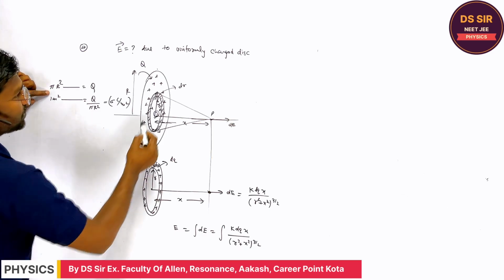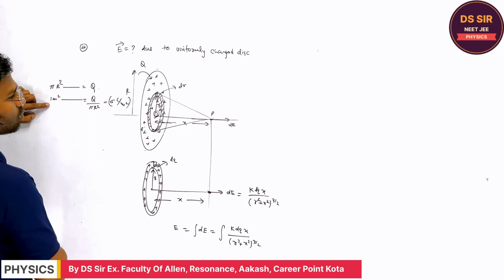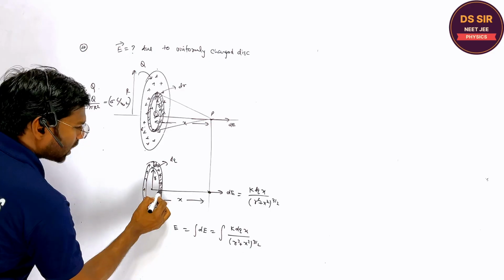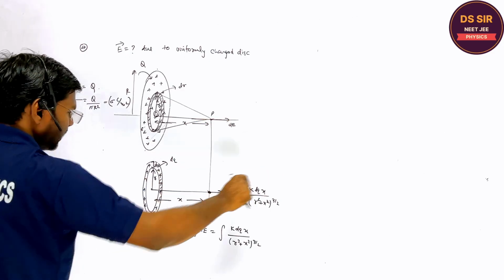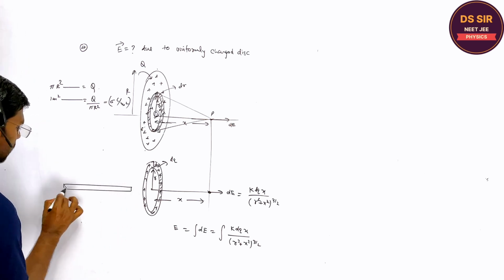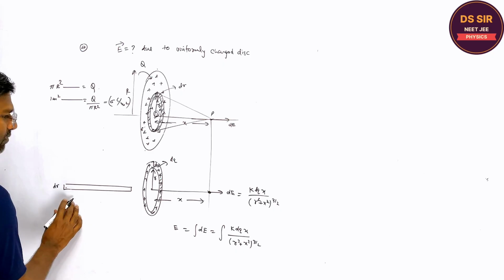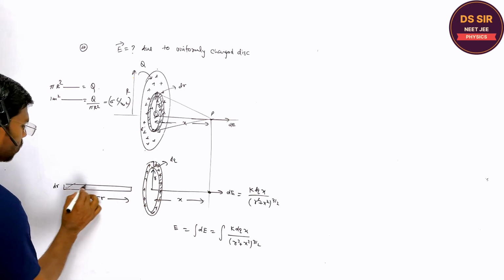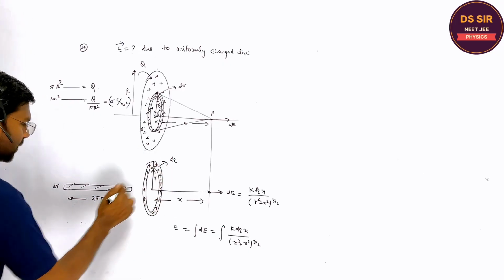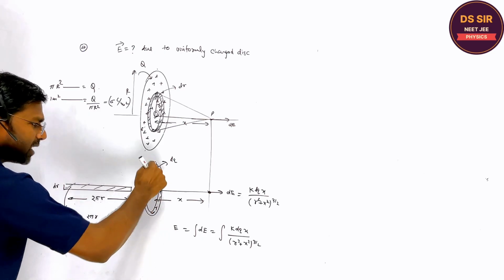Listen, the area is pi r square, the charge is q. For 1 meter square, it is q upon pi r square. So what is this dq charge? If you cut this ring and stretch it like this, the width of the ring is dr. And what is the total length? Say 2 pi r. So the area of this strip is 2 pi r, the length, times dr, the width.